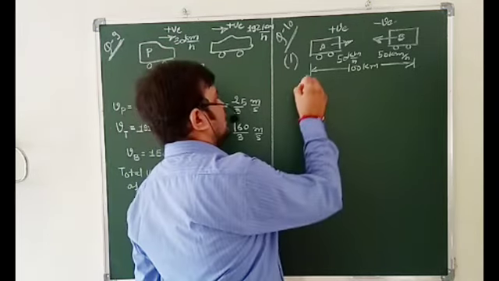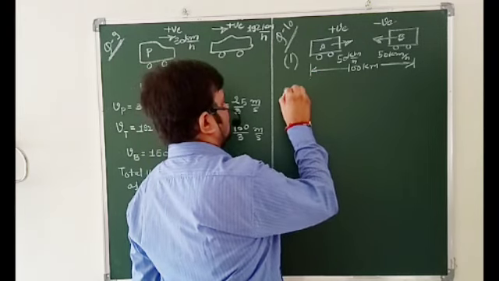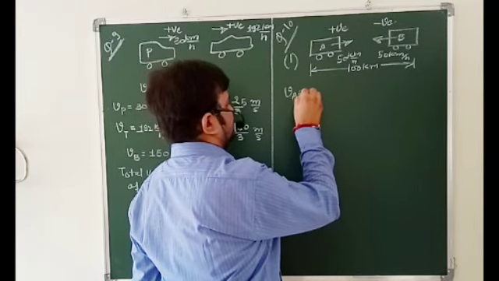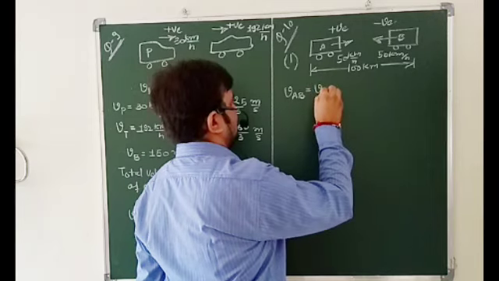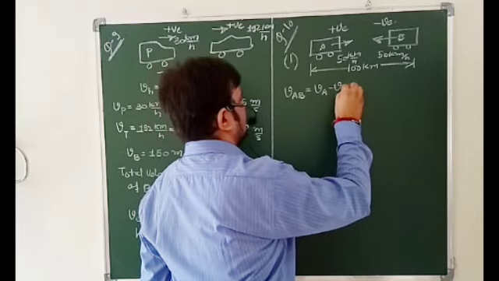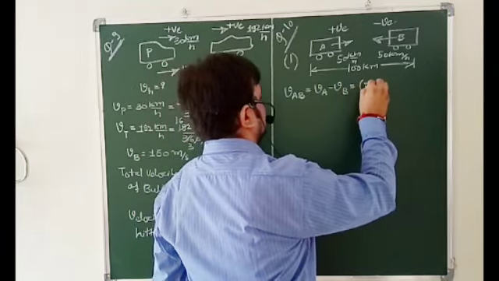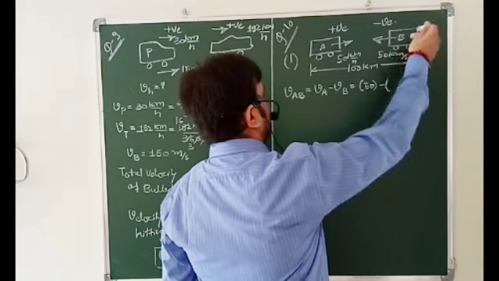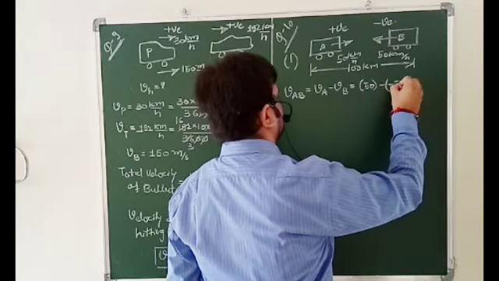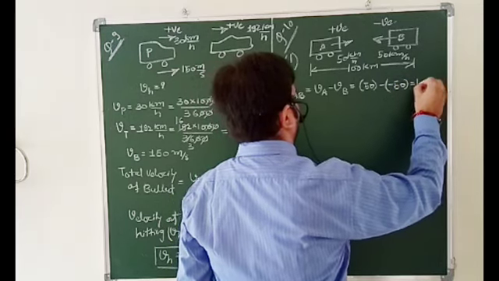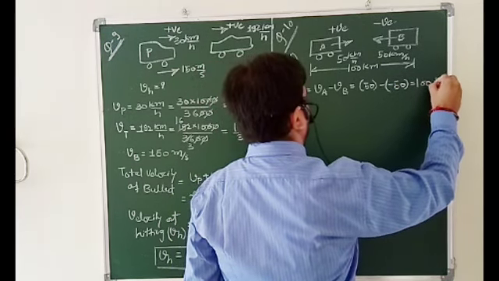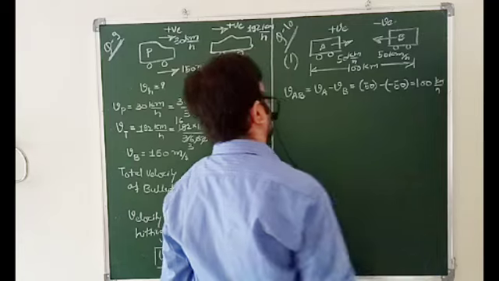So here, the relative velocity of train A with respect to B is VA minus VB. VA is 50 minus VB, which is in the opposite direction, 50, so it will become 100 km per hour.